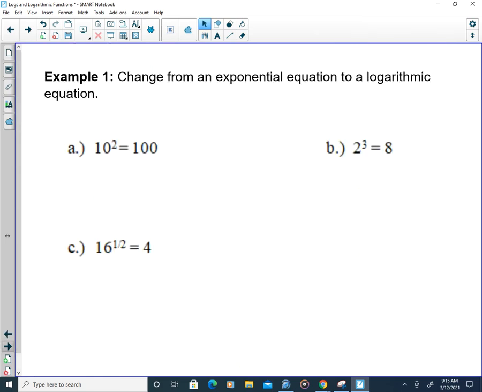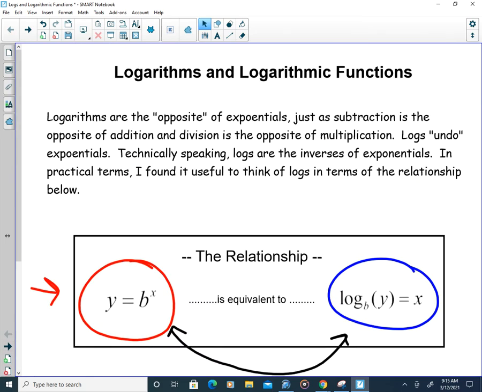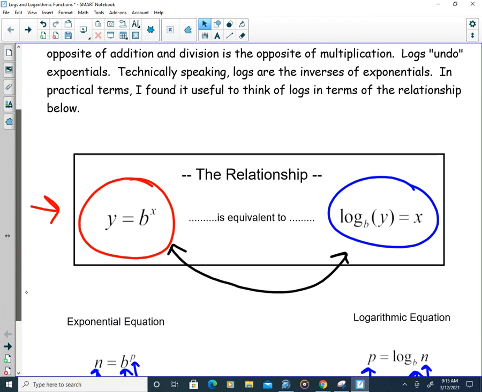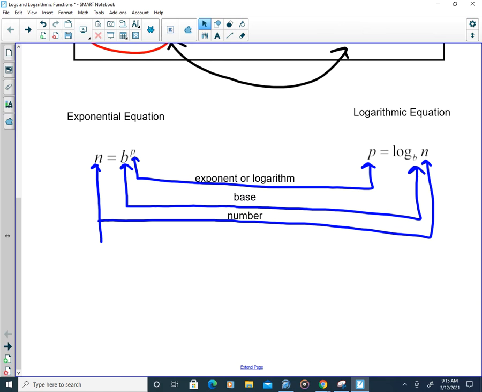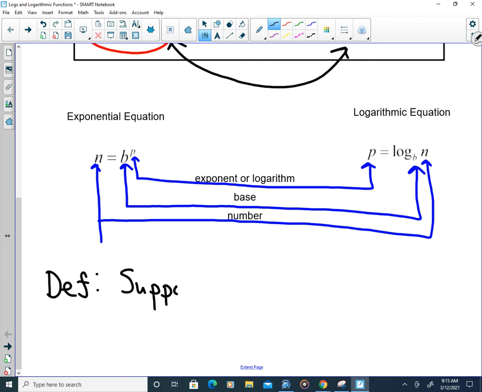All right, so before we do this next example, I want to go over the definition of a logarithm. This is important that you write down in your notes. So the definition starts off like this. It says, suppose b is greater than 0 and b is not equal to 1.